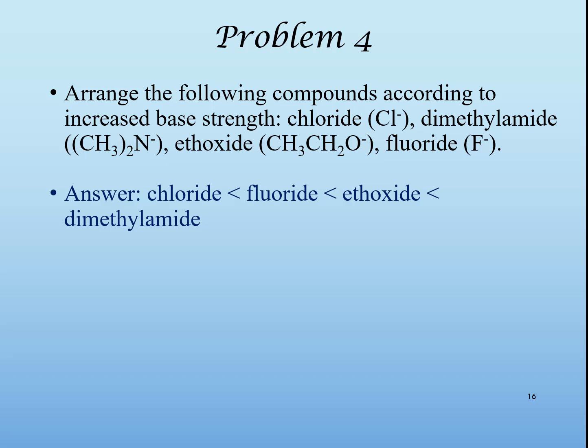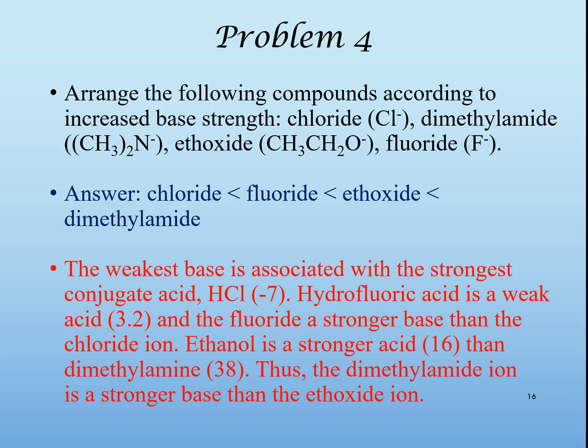Hydroxide is a conjugate base of water, which is an even weaker acid, and dimethylamide is a conjugate base of a really weak acid, dimethylamine, which has a pKa value around 38.